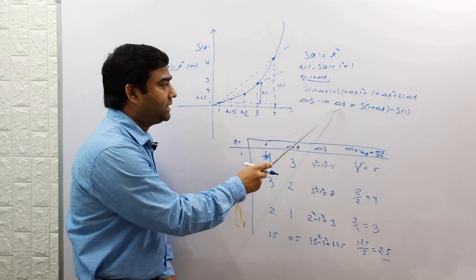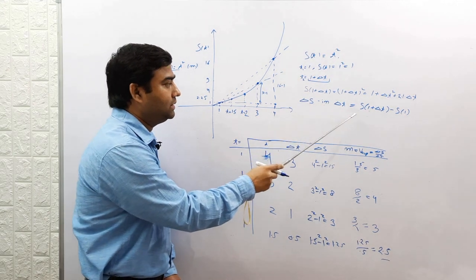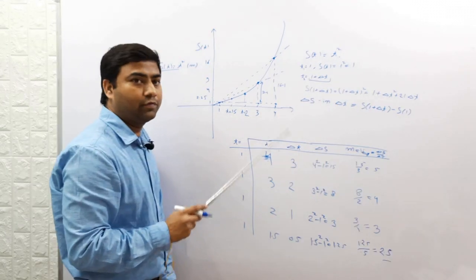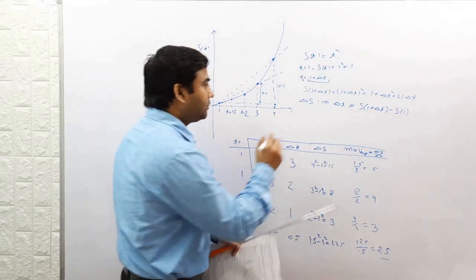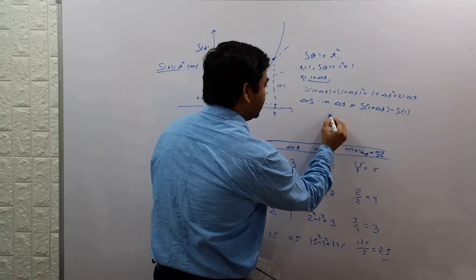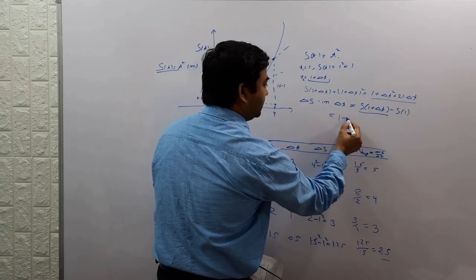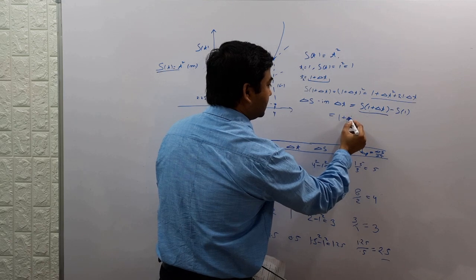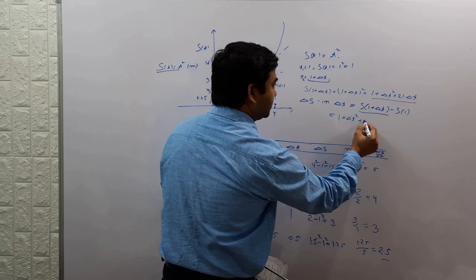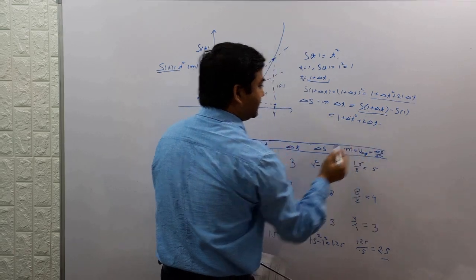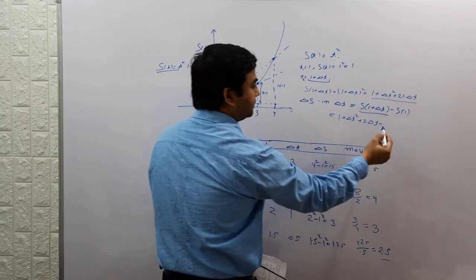That is displacement of particle in this time interval from t equal to 1. So delta s is equal to s(1 plus delta t), this 1 plus delta t square plus 2 delta t, minus 1.